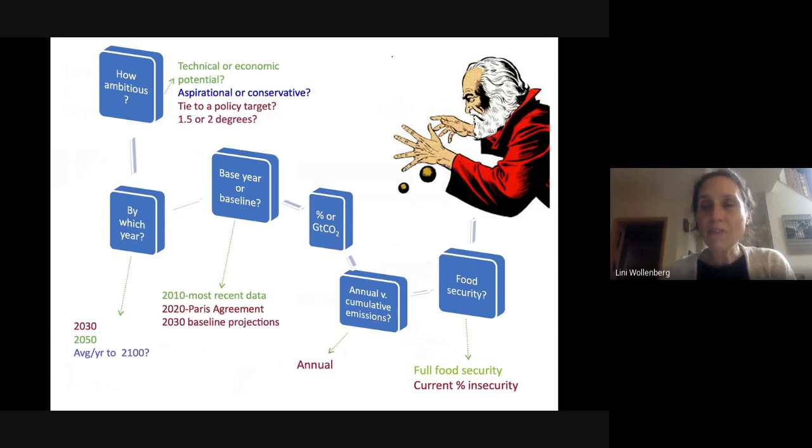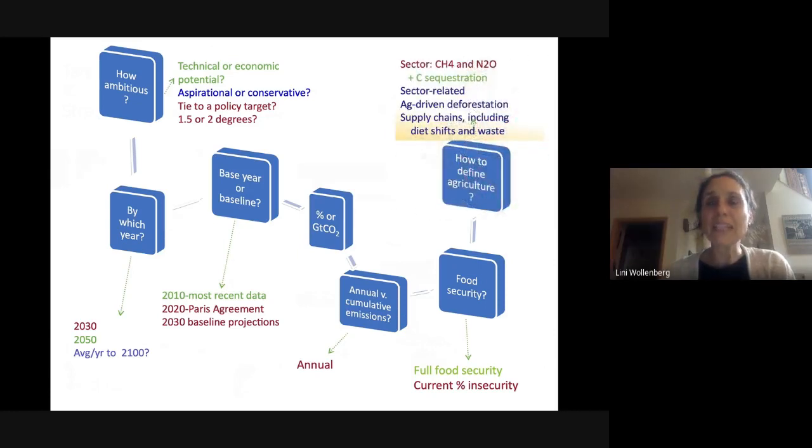And finally, the most vexing problem of all, believe it or not, is just how to define agriculture. We know that the IPCC defines it in terms of methane and nitrous oxide. But now, of course, there's so much conversation around soil carbon sequestration, and we have above ground biomass in the AFOLU sector. So, how to work with both of those when we're talking about a target. The target I'm about to show you is just focused on the emissions of methane and nitrous oxide because the scenarios don't incorporate carbon sequestration well, and there are some issues.